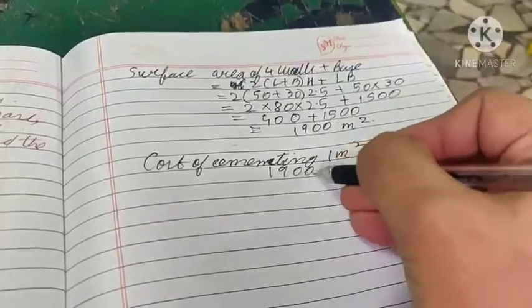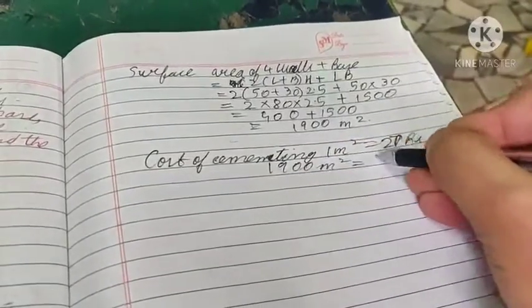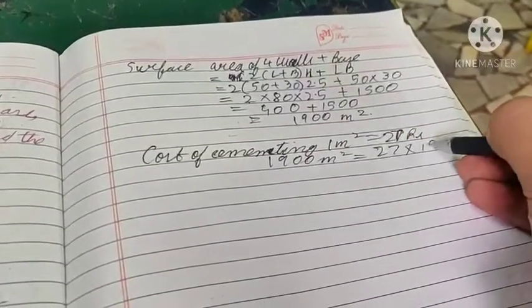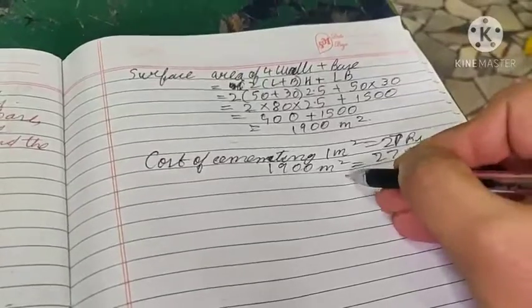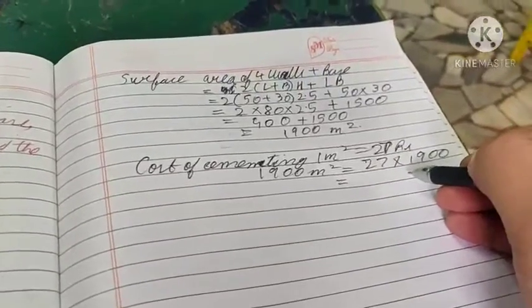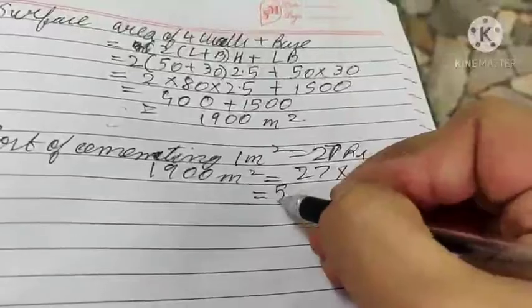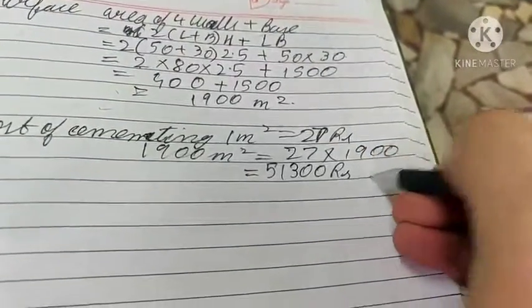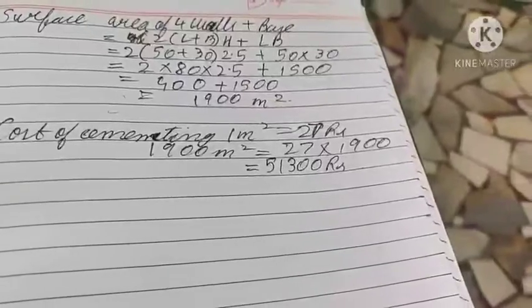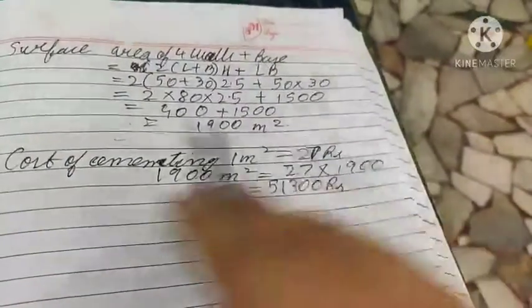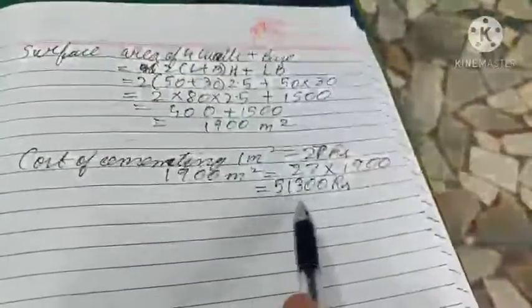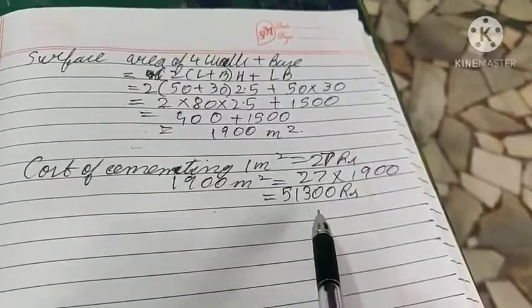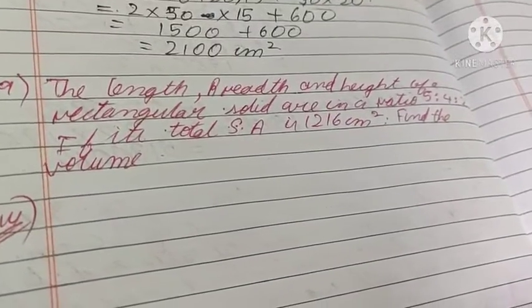For 1900 meter square it will be 27 into 1900, so it will be equal to 513 rupees. So this is our cost of cementing the 4 walls and the base of the swimming pool. This is our answer.